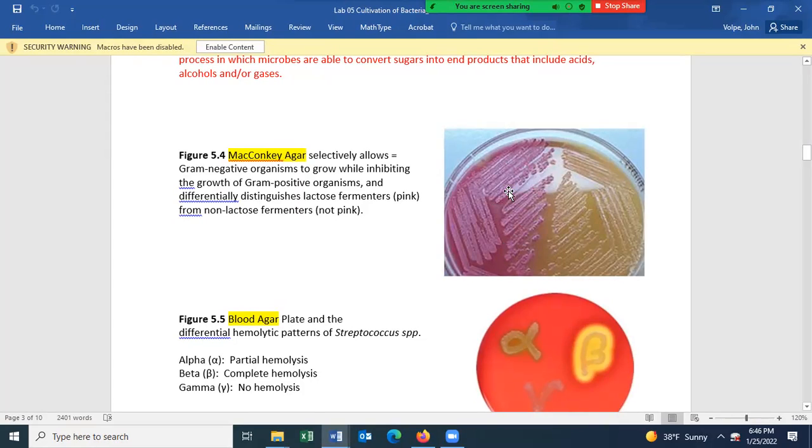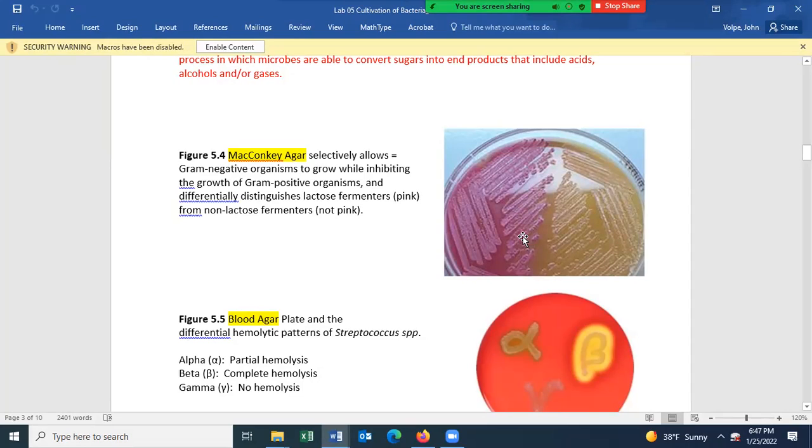So if it grows, it's likely to be a gram-negative, but it's also selective and differential, and it differentiates between lactose fermenters and non-fermenters. If it's a lactose non-fermenter, the bacteria will appear as non-pink colonies.